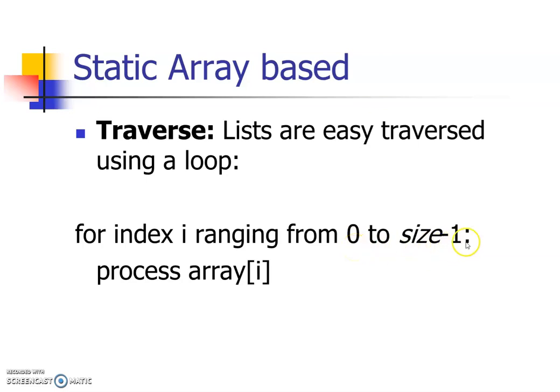So you need to remember to subtract 1. That will give you the last position of the array. And then every time you go through one item, you print it out, then you would be able to traverse every single item inside of the array. So that is 3 out of 5 functions discussed in the list.